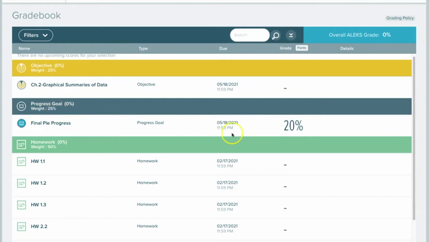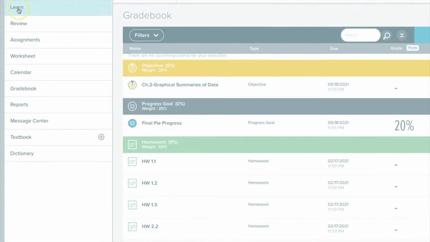How do you get these topics taken care of in the final pi progress? The topics are checked off when you're doing these objectives over here on the adaptive side, so these adaptive problems are really important to do. You can get to them by just clicking right here. That's actually new from last semester. You can also get to them by going back to the menu and saying learn.